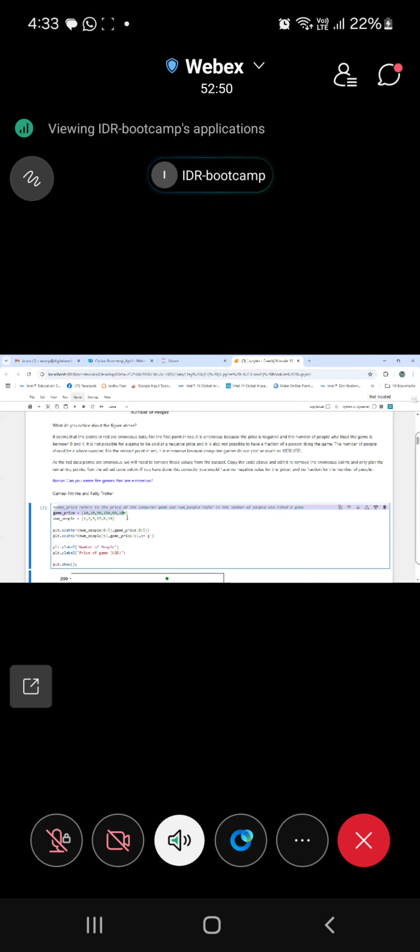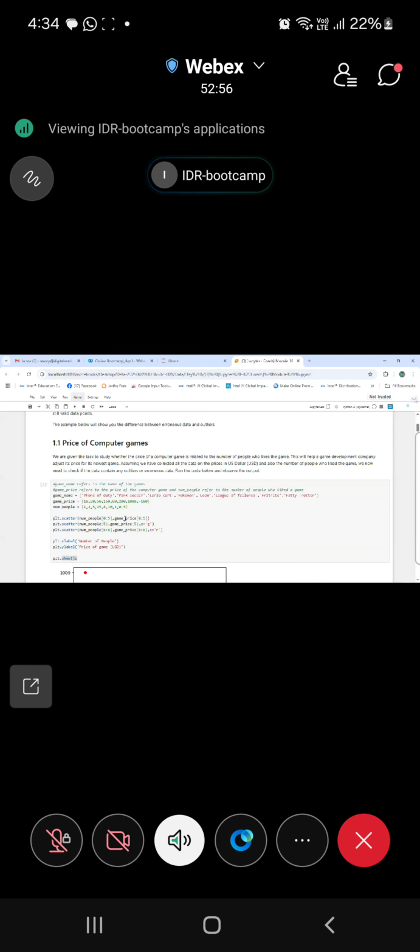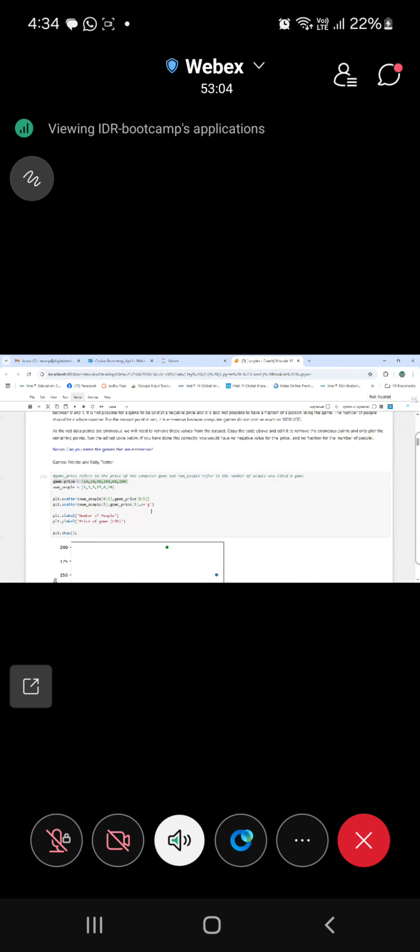Game price you know is this. So you don't consider this 1000 and this one. Similarly you are not considering 1 and 0.5. And the remaining data you are considering, game price and this.